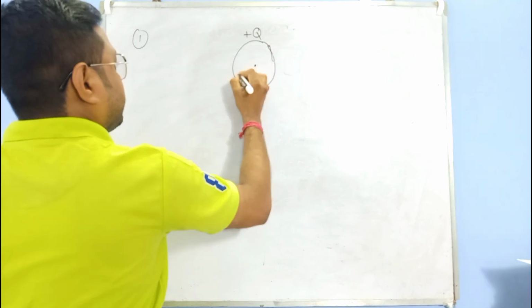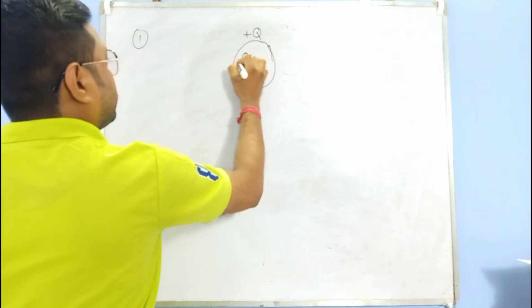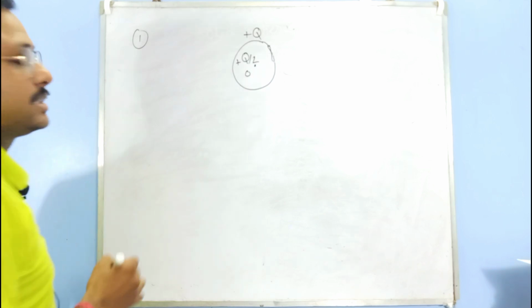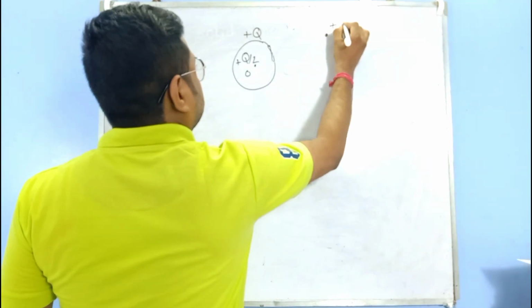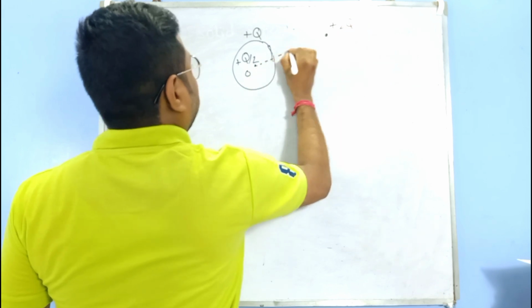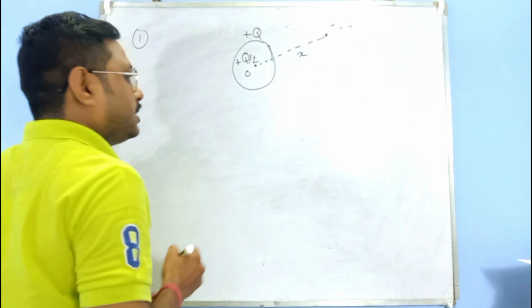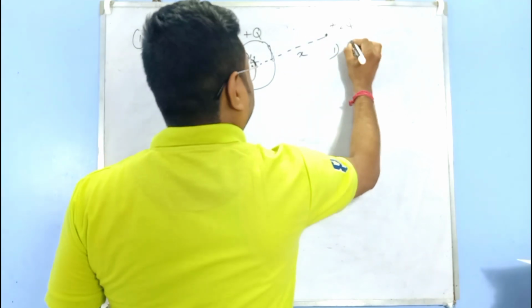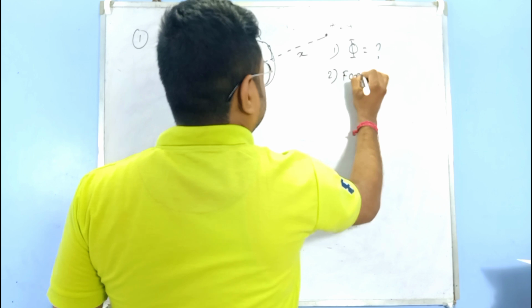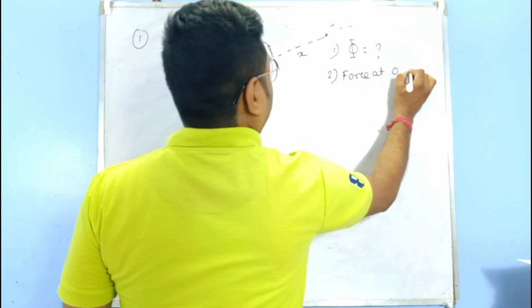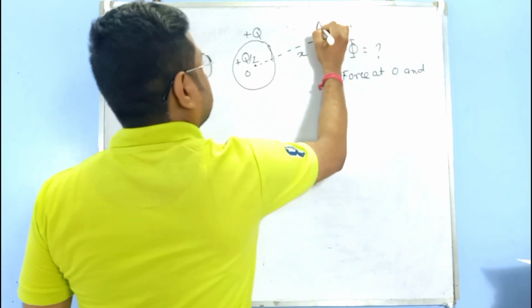Another charge q by 2 is located at center O, and another charge plus 2q is situated at a distance x from the center. Find out the total flux phi and the force at O, and suppose this point is A.